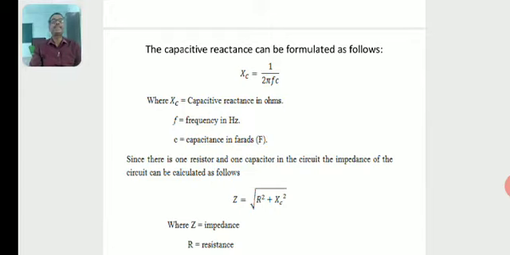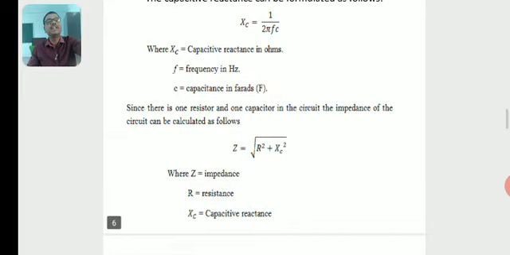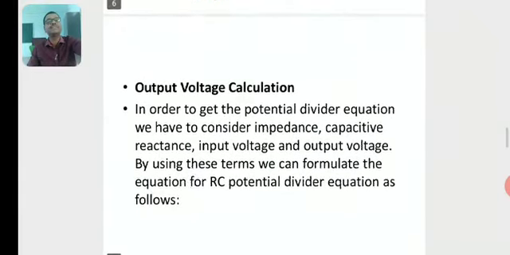Since there is one resistor and one capacitor in the circuit, the impedance can be calculated as Z is equal to root of R square plus X square, where Z is impedance, R is resistance, and X is capacitive reactance.